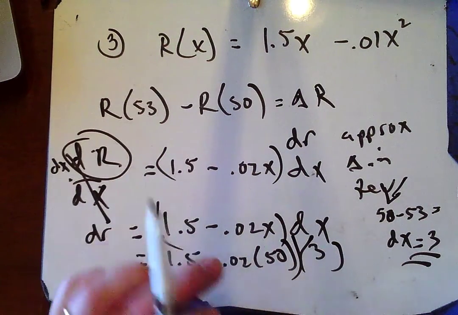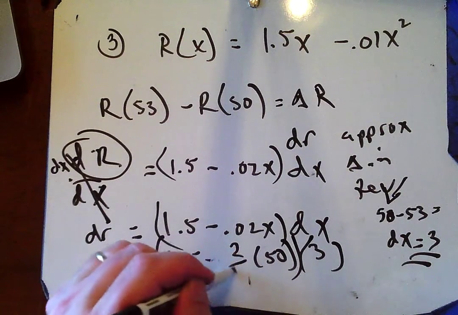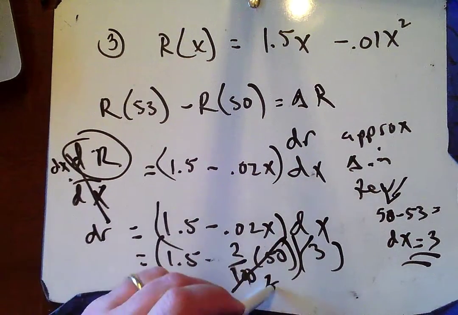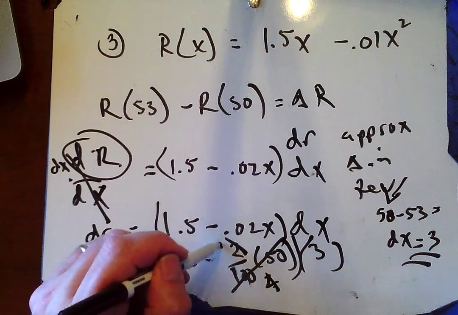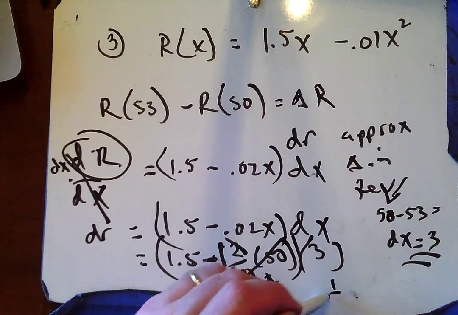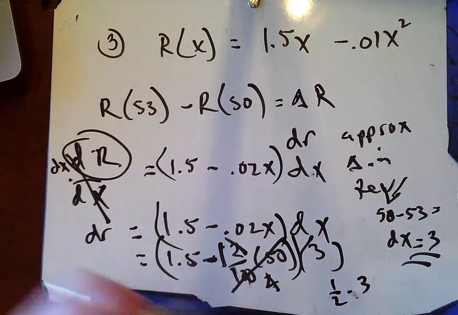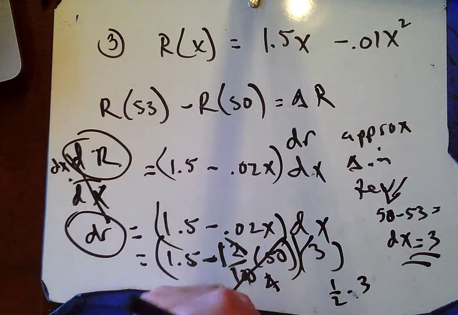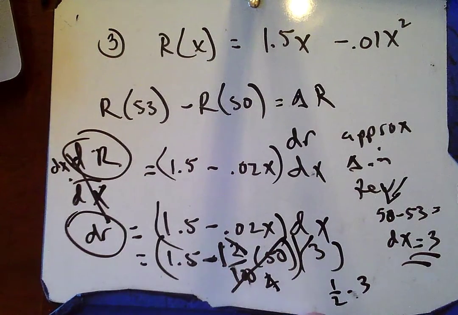This is 2 over 100, and that will cancel, leaving me a 2 on the bottom, and those will cancel, leaving me 1. 1.5 minus 1 is 1/2 times 3. My dR is 3 over 2. Well, what does that mean in the context here? Well, it means that, what were our units?